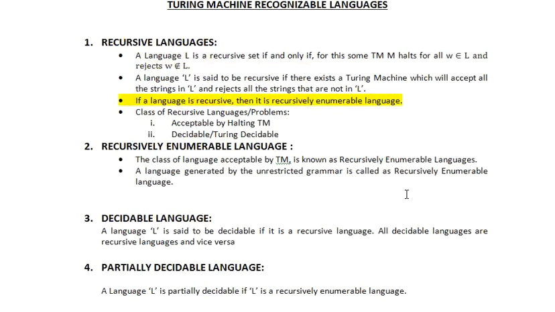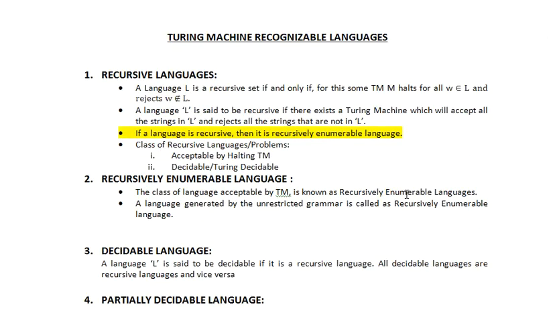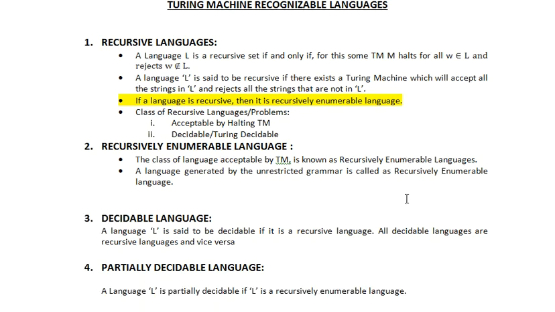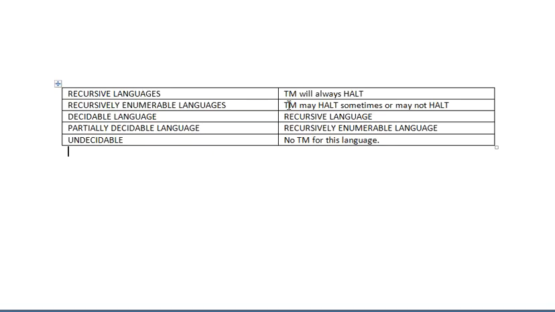Okay, so I hope it is clear to everyone, where we have learnt about different types of recognizable languages by a Turing machine. One is a recursive language, where the Turing machine will definitely halt and give you an acceptance for all the strings which belong to that language, and definitely give a rejection for all the strings which do not belong to the language. And it is always a decidable language, a recursive language. Whereas a recursively enumerable language is a language which is generally accepted by the Turing machine, but in all scenarios the Turing machine may halt sometimes or may not halt.